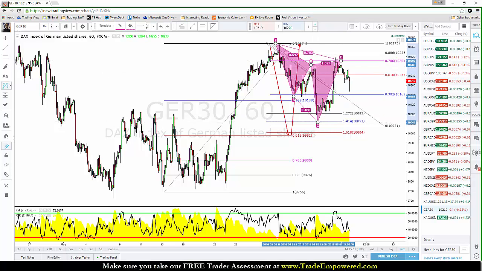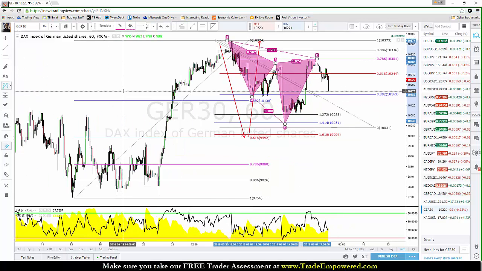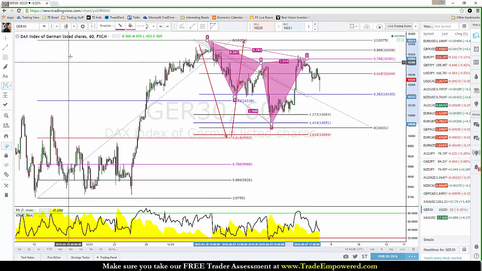Boom. What's that? Cipher. Looks like target 1s and target 2s hit on that, and maybe setting up for a potential bat formation as well. It's like we knew it would happen.